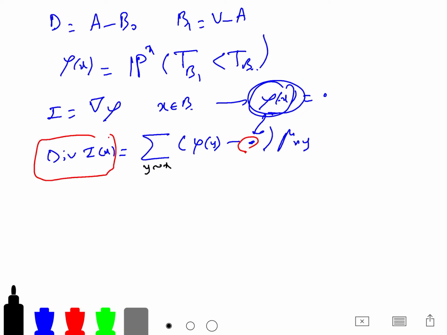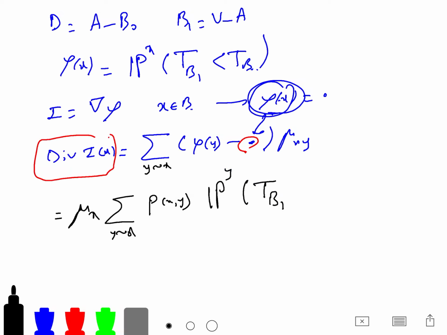And this is equal to, just by definition, we write it as this. And then this is the probability that the time to hit B1 is less than the time to hit B0.